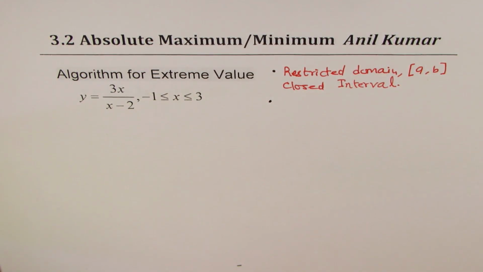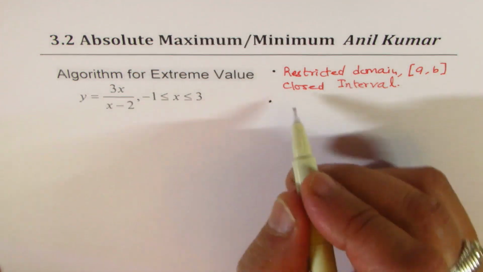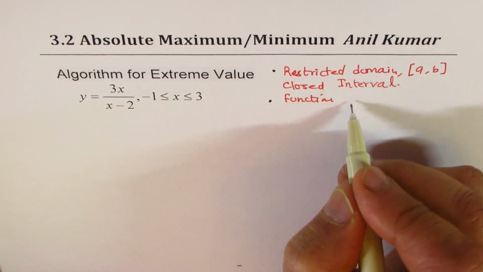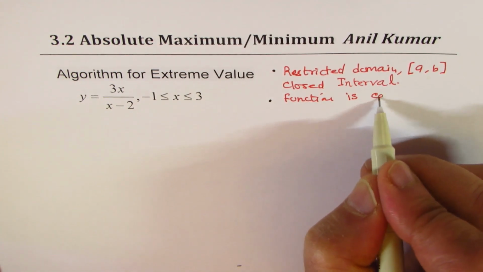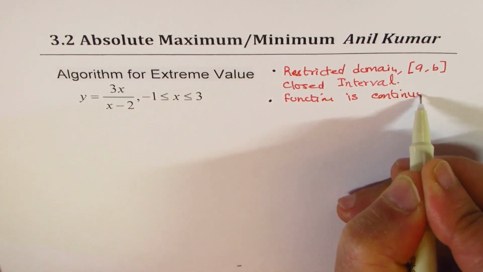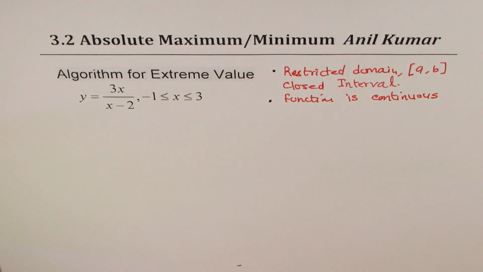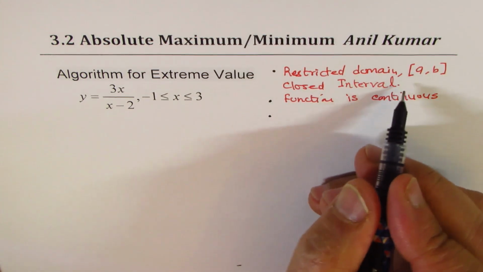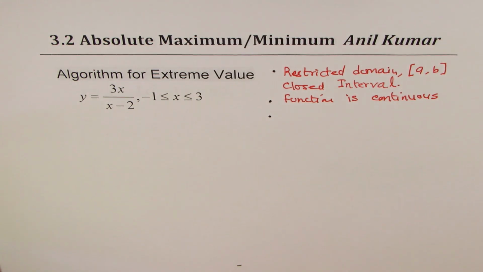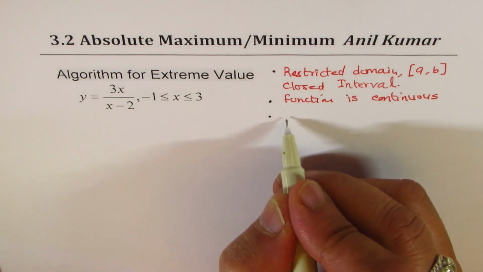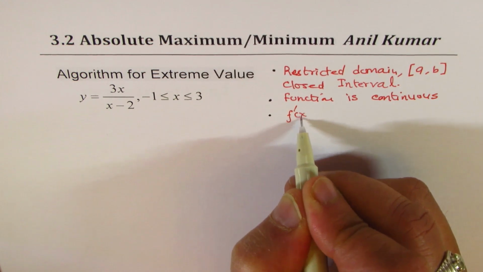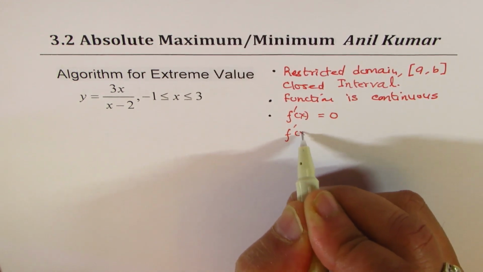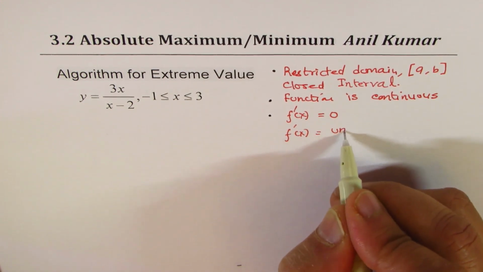Second point is that the function is continuous. Right? That is the second condition. If the function is continuous in the restricted domain, then we are looking at two things. That is, the derivative of the function is 0 or the derivative of the function is undefined.